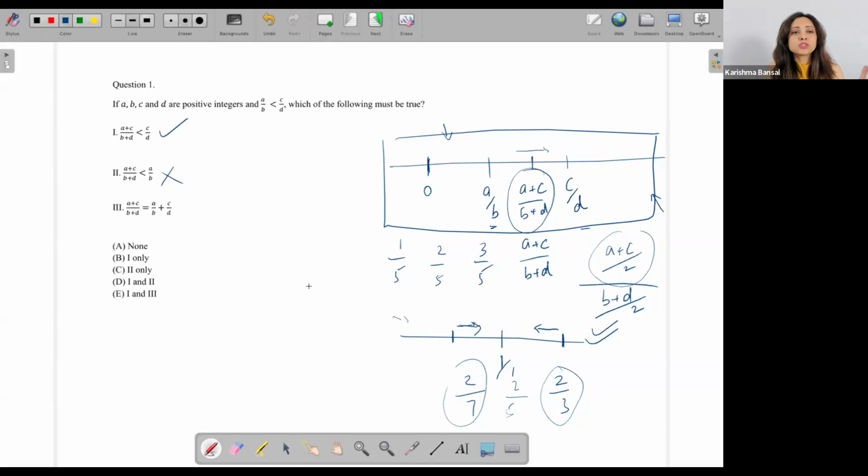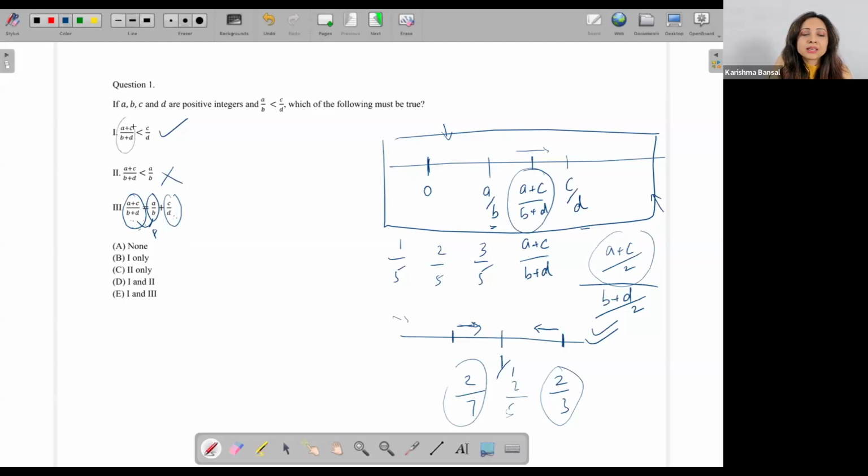There are lots of ways in which you can evaluate whether this is true or not. Let's just take any kind of numbers. I know that this particular thing is less than c by d, but this particular thing is also greater than a by b, right? If this is less than c by d, it cannot be equal to something positive plus c by d, right?